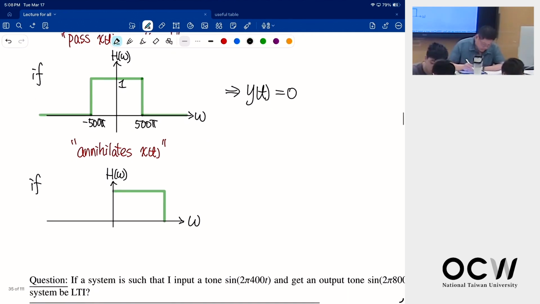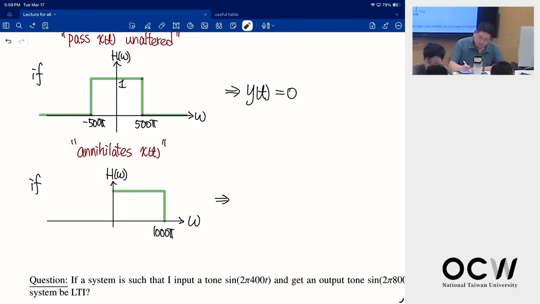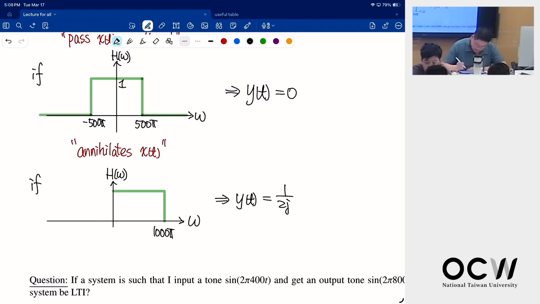So this is 1000 pi. In this case, I only pass the A1. So this is 1 over 2j e to the j 800 pi t.